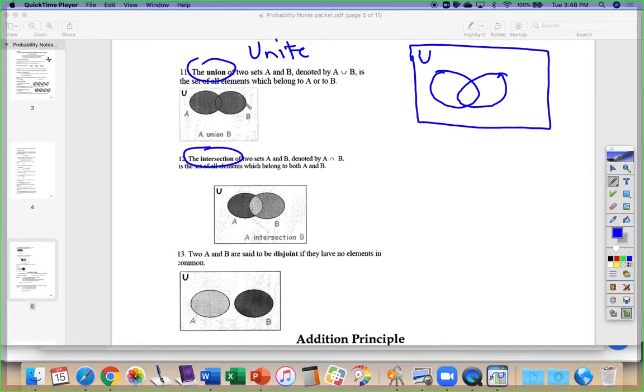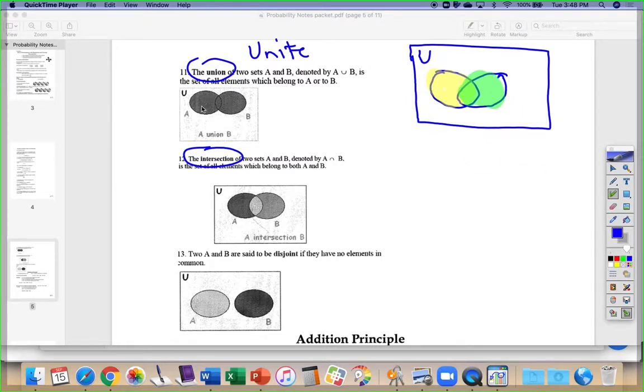You unite everyone. United States, we bring all the states and unite them to form a country. So when you think of union of sets, we are thinking about everything in the left set, everything in the right set, that all makes up the union.